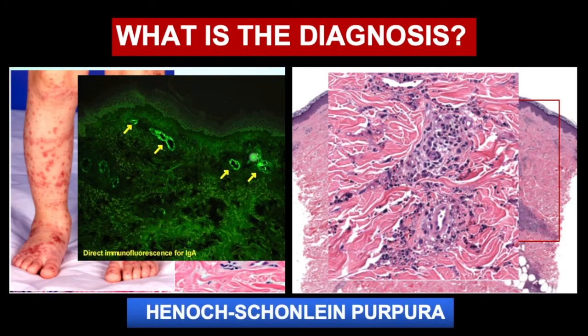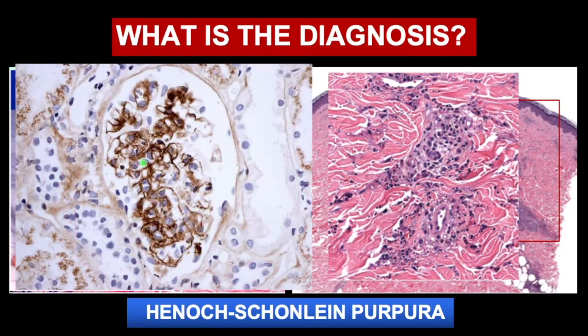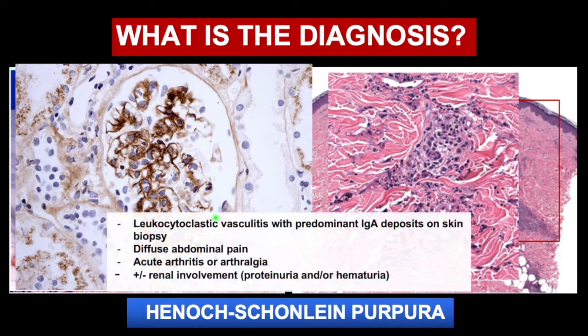So this is Henoch-Schönlein Purpura, and sometimes you will also see the kidney with IgA effect. This is not all the time, but sometimes it affects the kidney. So this is a leukocytoclastic vasculitis, with predominant IgA deposit on the skin biopsy.